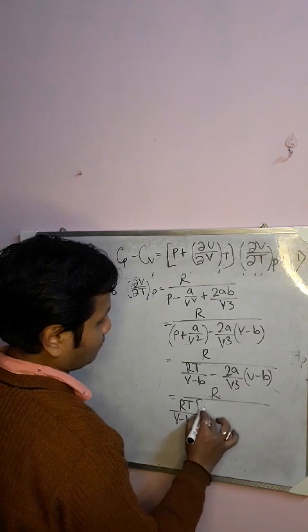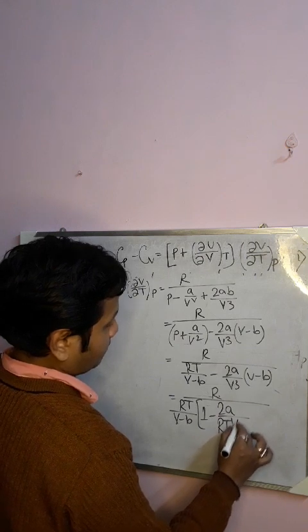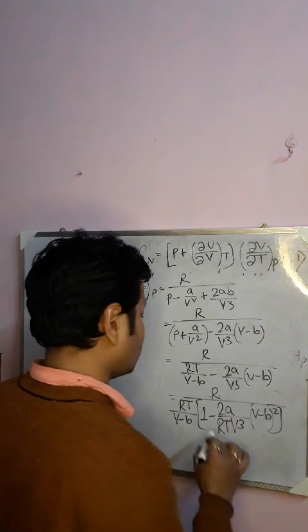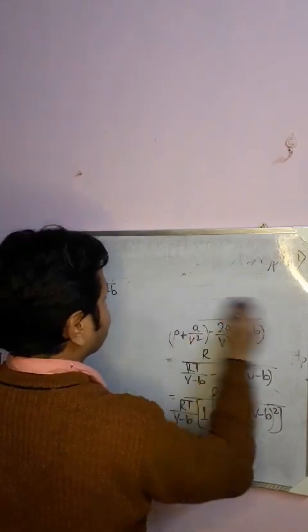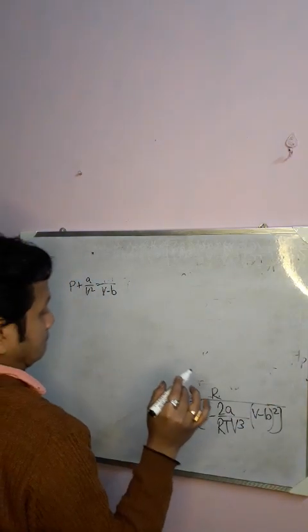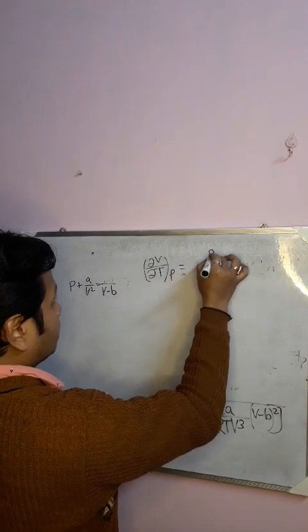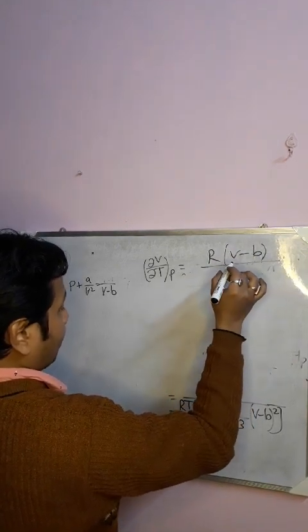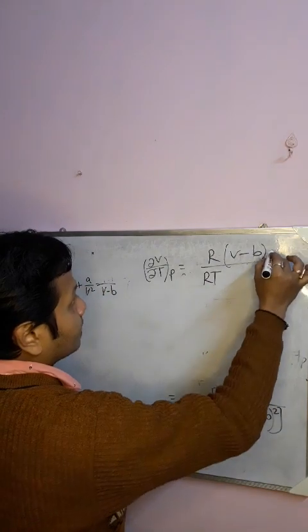If you take this, then 1 minus this becomes 2A by RT V cube times V minus B whole square. So del V del T at constant pressure: R into this V minus B goes up, and RT.